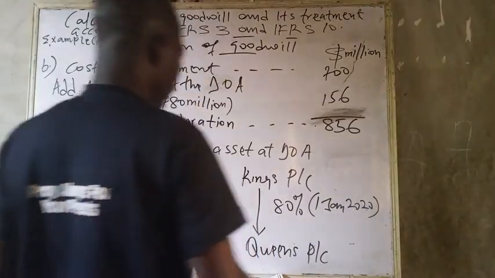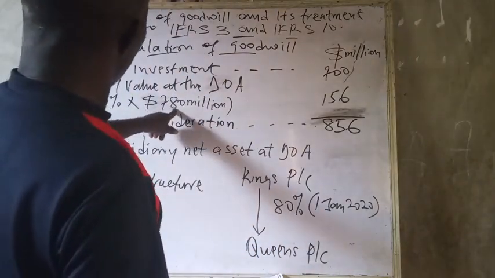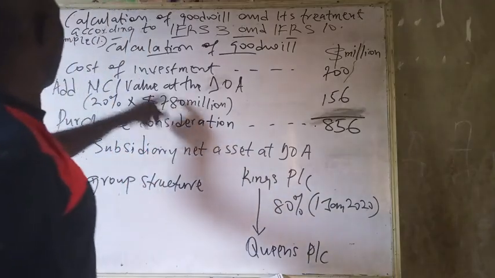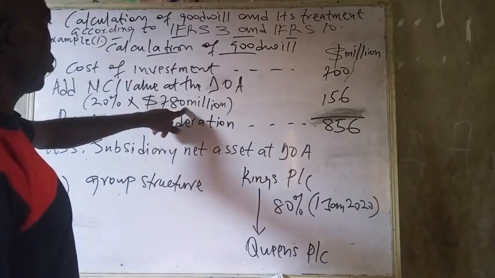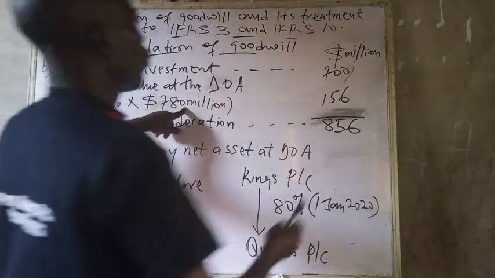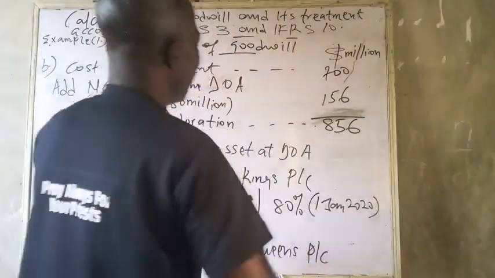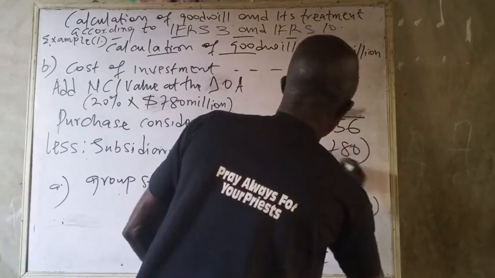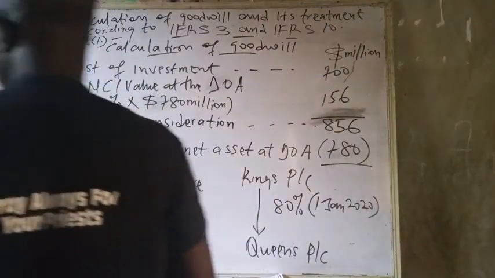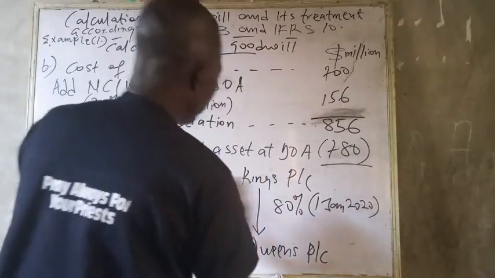And that is this amount. This is what the King's PLC is acquiring. So we're deducting 780 from the 856 being paid.